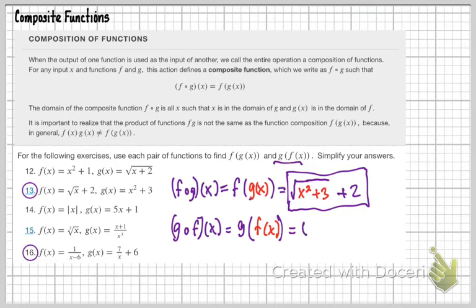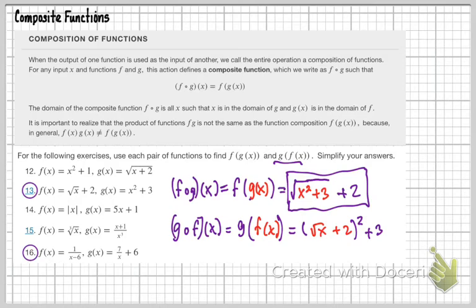So that x is going to be the square root of x plus 2. And then when I look at the g, I have that x squared plus 3, so that needs to be squared up there because this here is replacing my x. All right, so then I have a plus 3.